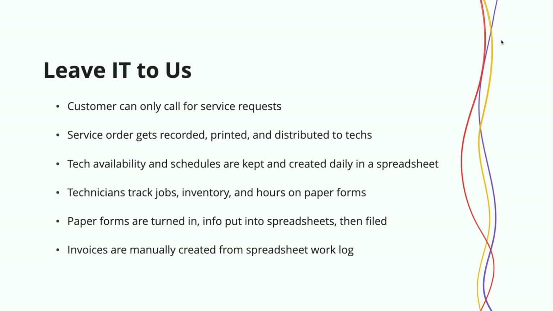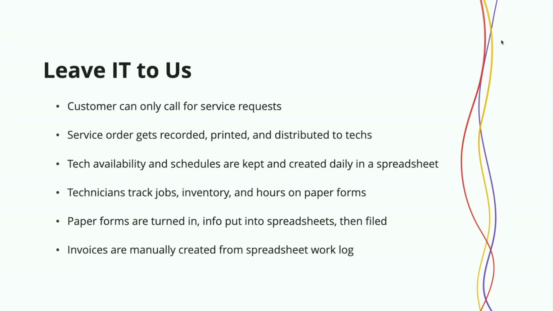Generally, if a customer needs a technician to come out to their office, they can only call. They can maybe send an email to someone, but generally speaking, they can really only call. Once they make that call, the customer support person takes the call, gets the problem recorded on a computer, prints it out, and has to distribute that in some way.